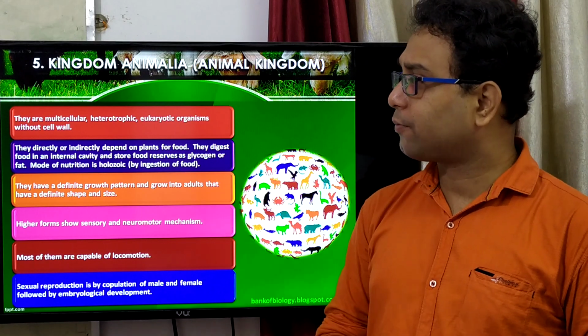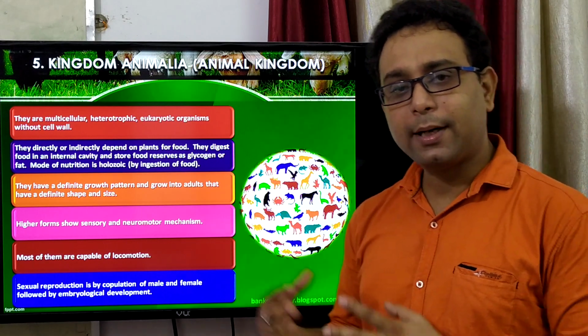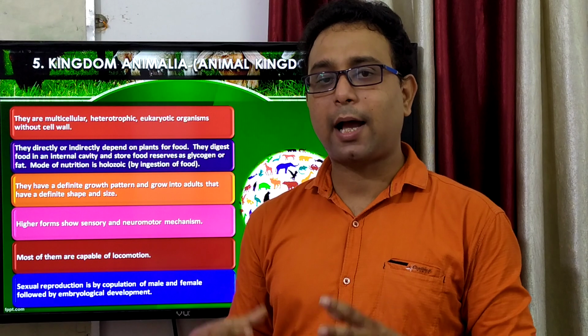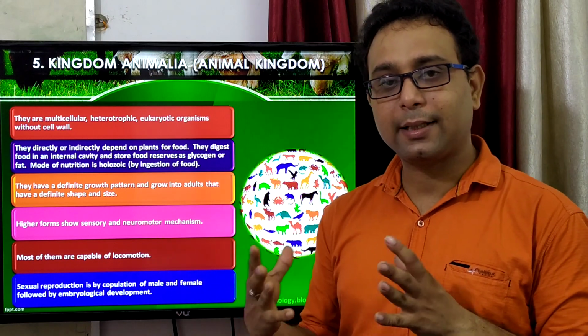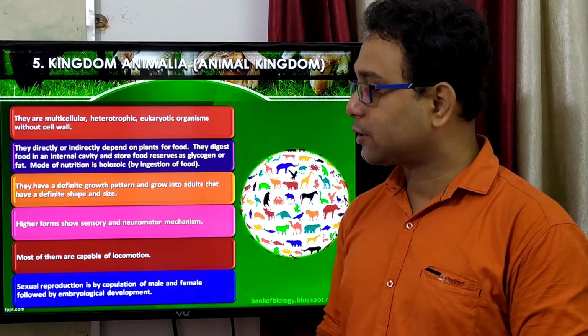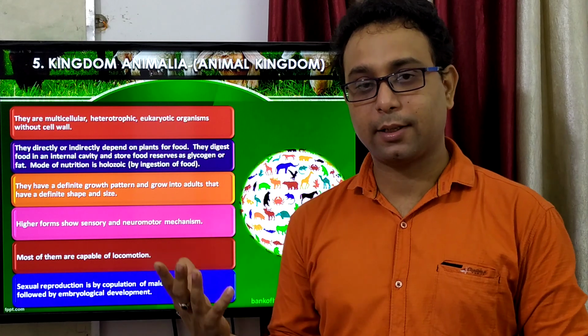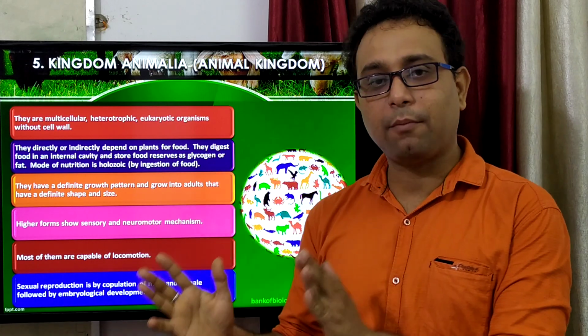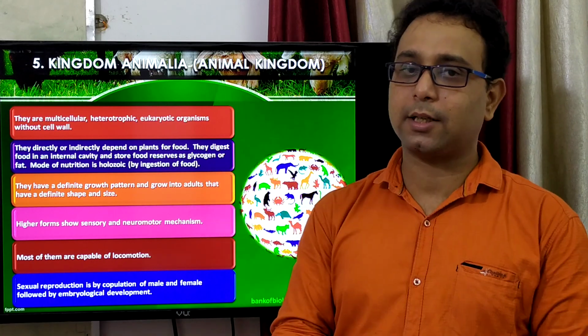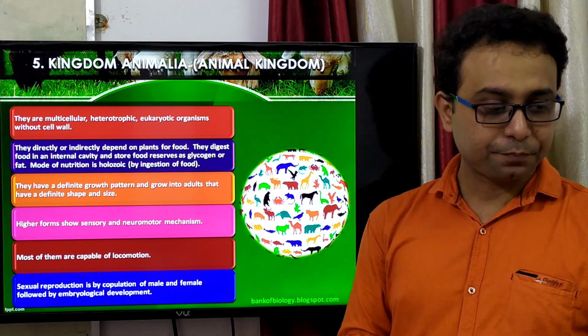These are the characteristic features of the kingdom Animalia. In this particular unit we have another chapter, the animal kingdom, where we discuss more about the animal kingdom. This information is from the NCERT books in the biological classification syllabus.